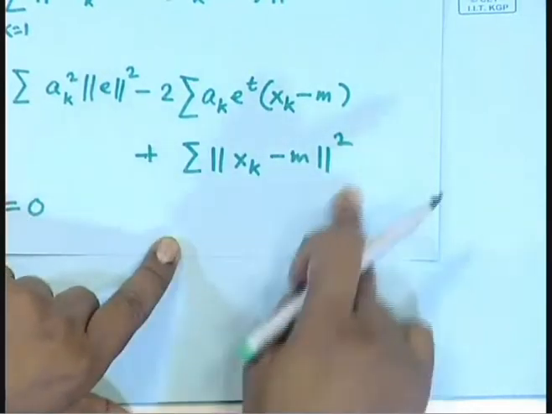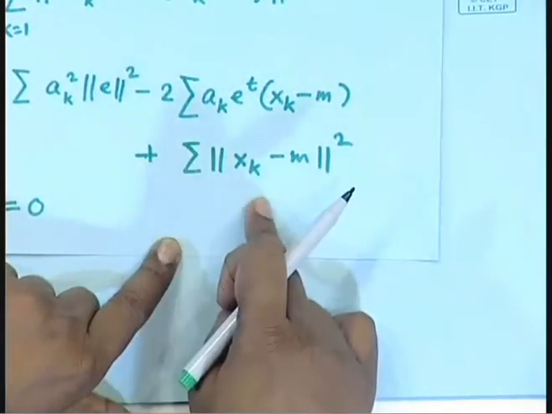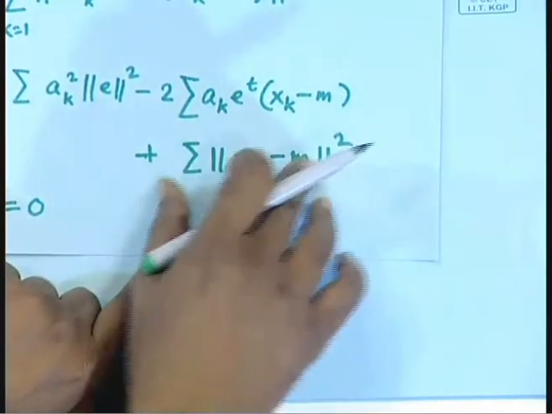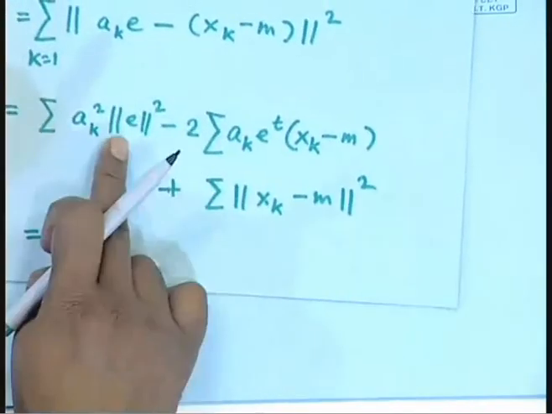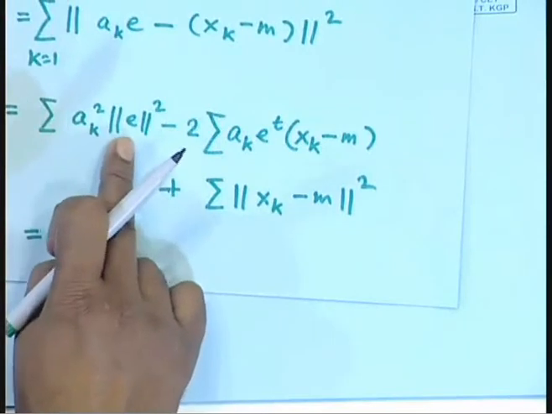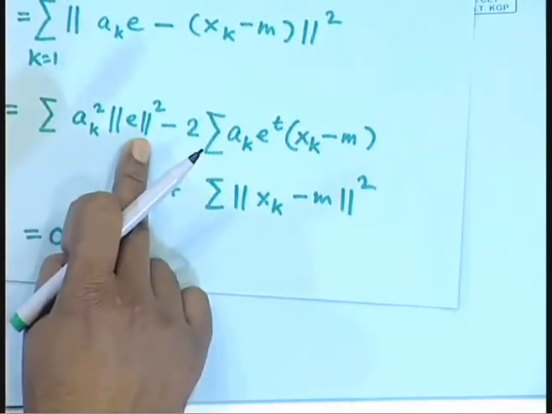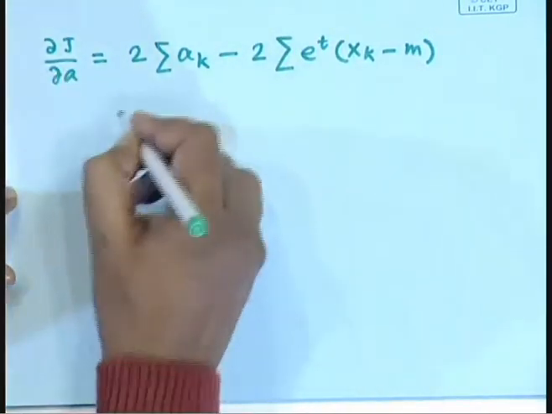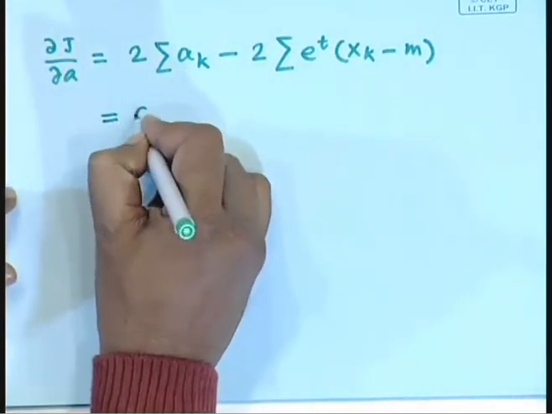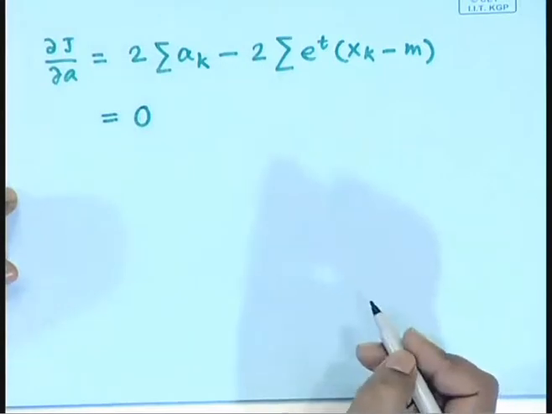This term is independent of a. So, differentiate this with respect to a, it becomes 0, right. So, after differentiating this term, making use of the fact that modulus of E is equal to 1, I get this output, right, and I have to equate this to 0 for minimization.